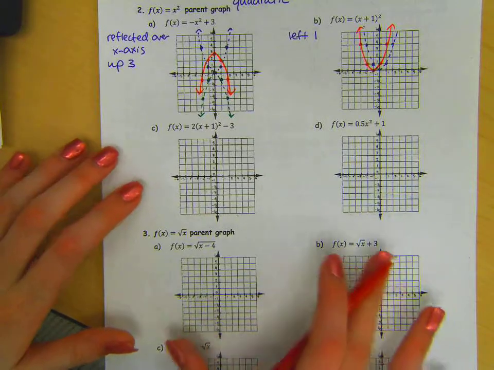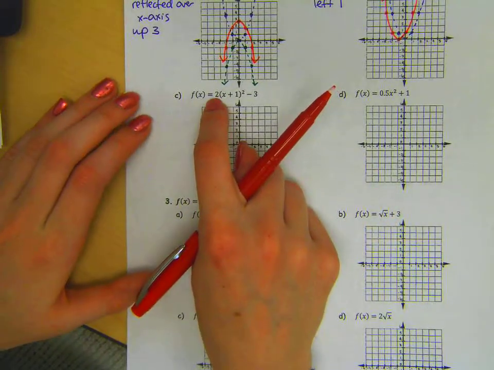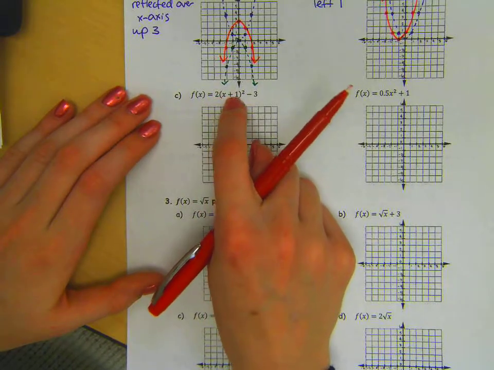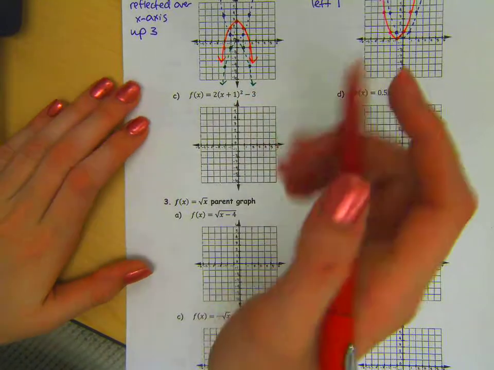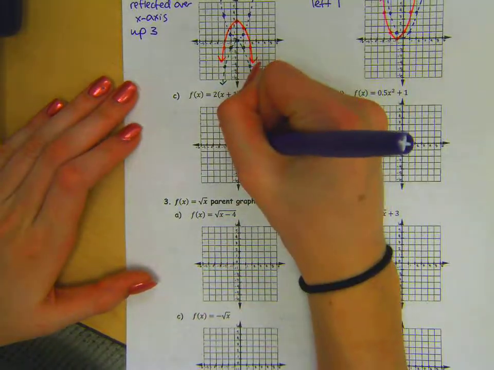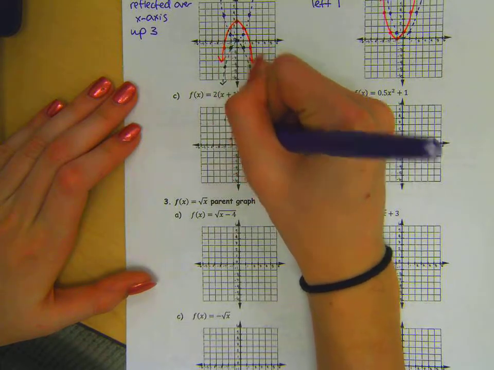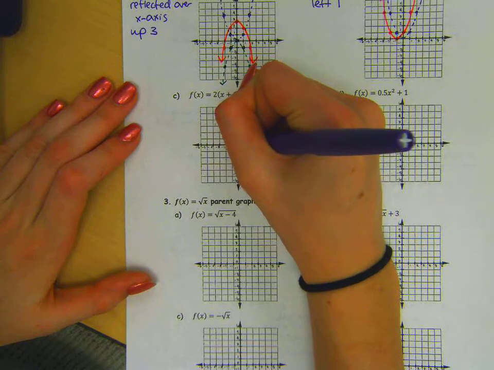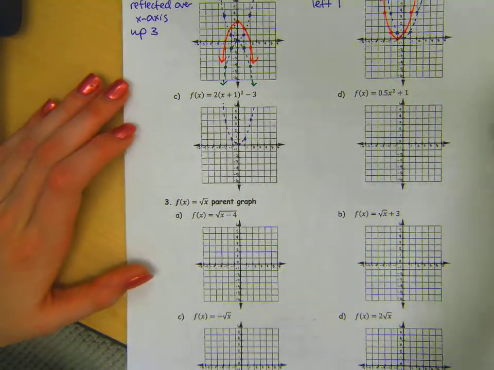Okay, 2C, we've got a few things going on. We have a dilation, a translation on the inside, so left and right, and something on the outside, up or down. So we'll start with the parent function, graphing that. So 1, 1, 2, 4, -1, 1, -2, 4. Okay, so let's start with our stretch.